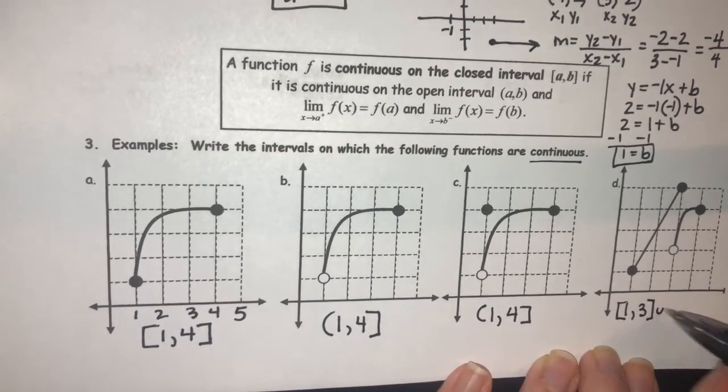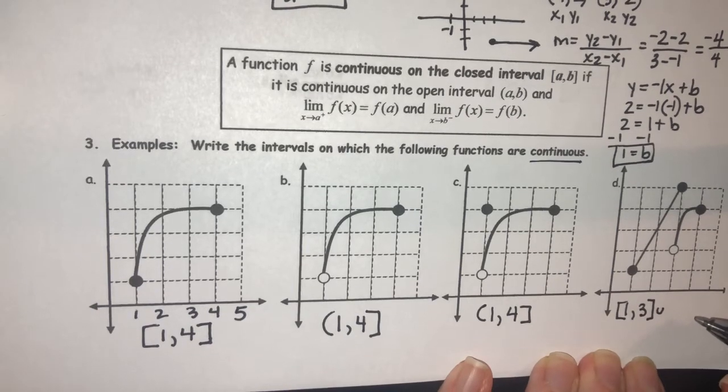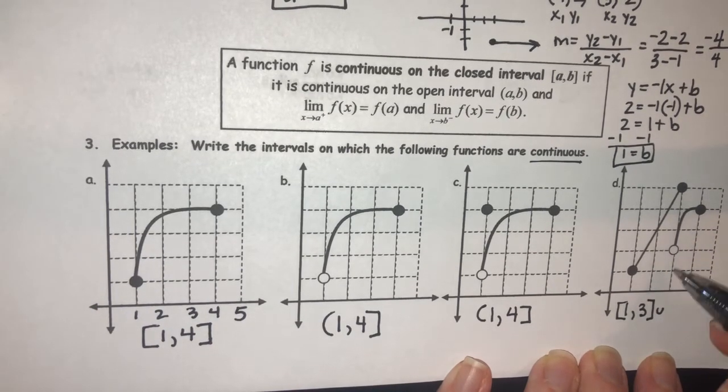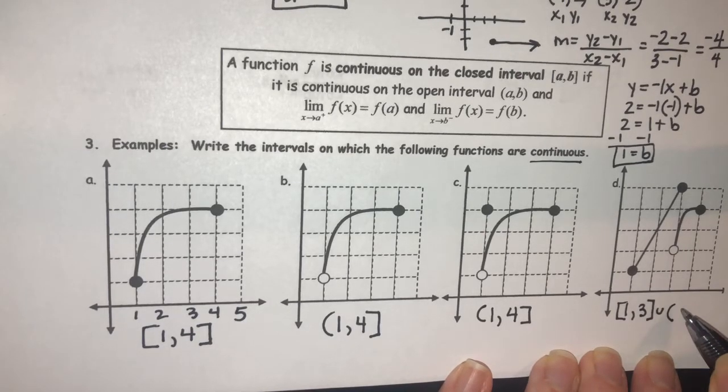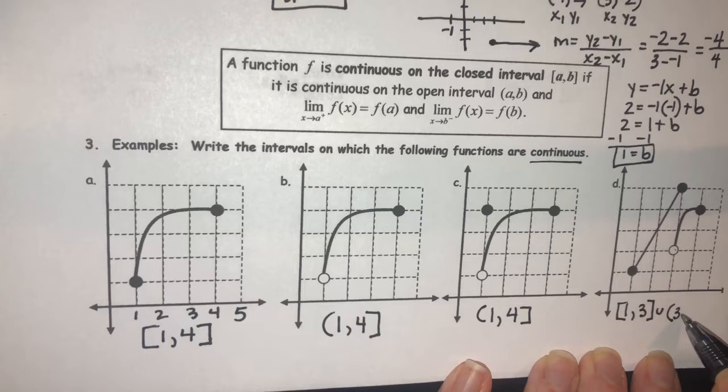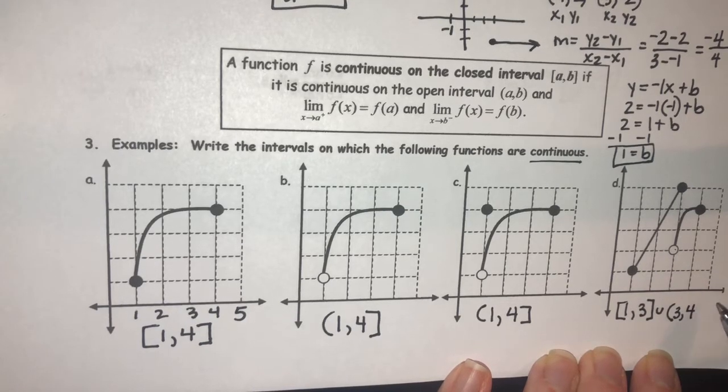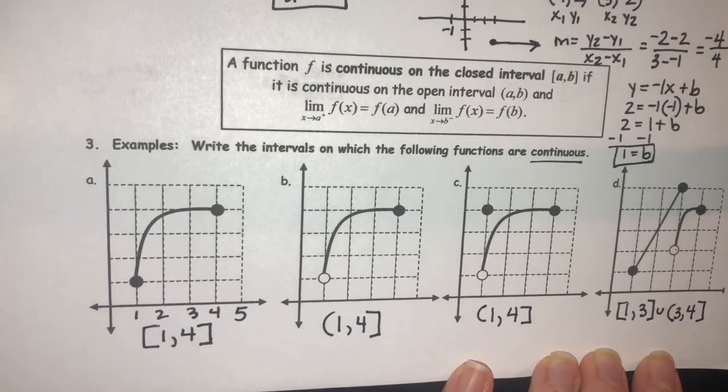Then we're going to have a union, and say and this other piece. On this other piece, it's more like graph B. So we should have an open parenthesis at 3 because we don't want to include that point. It's not approaching a solid included point. And then that's going to go to 4 with a bracket here. And we're good to go.